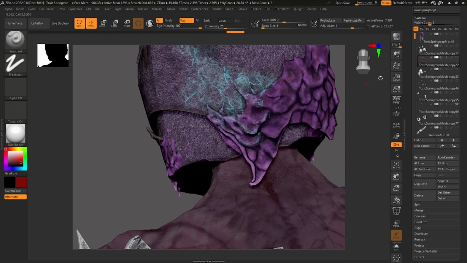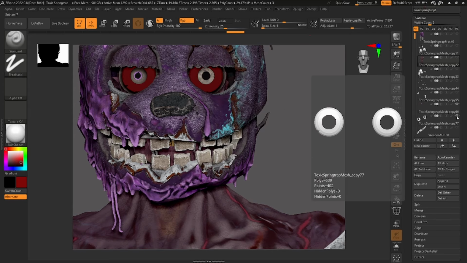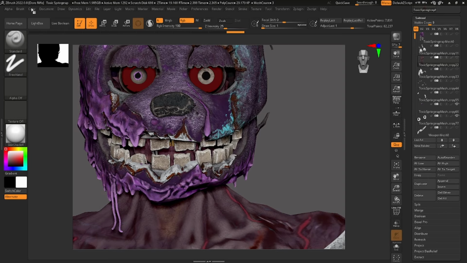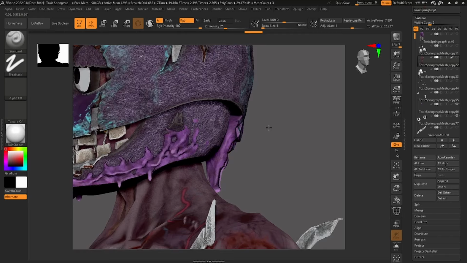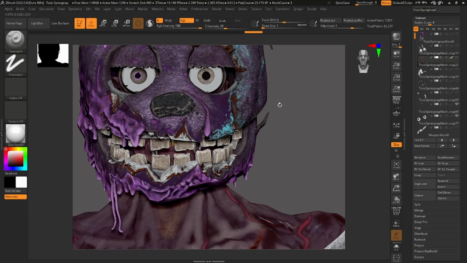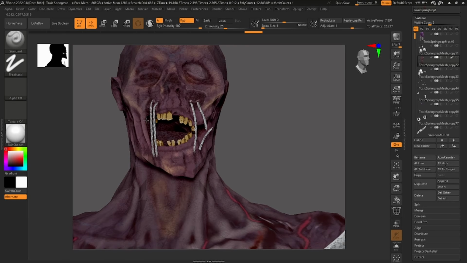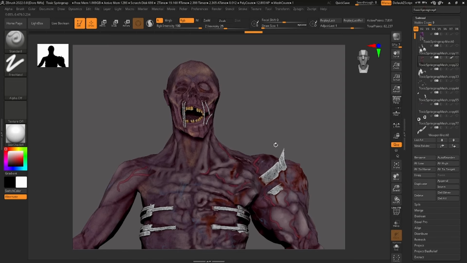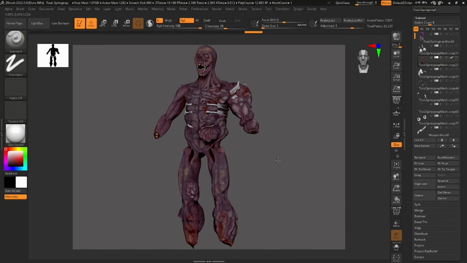Starting to melt down here. Oh. They're the eye guards. So there's not as much to go over on Toxic Springtrap.